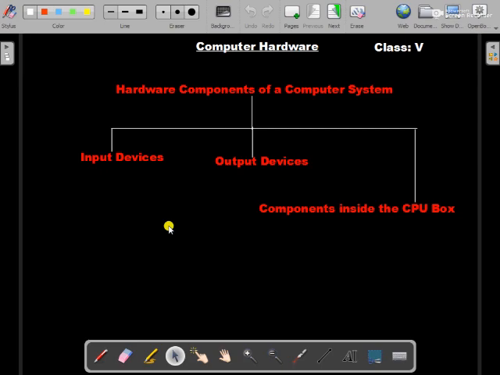Various hardware components that make up a computer system can be broadly divided into three categories: input devices, output devices, and components inside the CPU box.